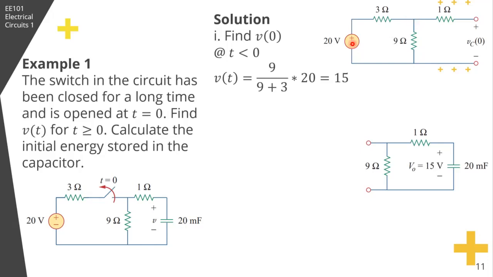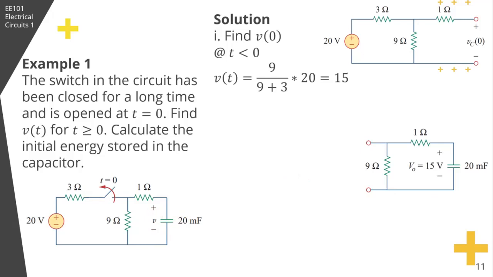So as you can see, kanang 3 og 9, then natay voltage source, independent voltage source dire, that's a simple voltage division. So 9 over 9 plus 3 times ato ang source, so we have 15. Therefore, kining 15 volts mao ni ang initial voltage ni capacitor just before ning open ang switch.